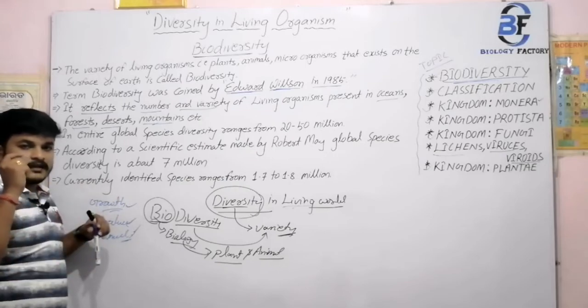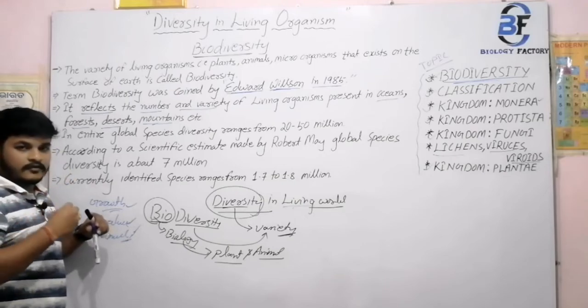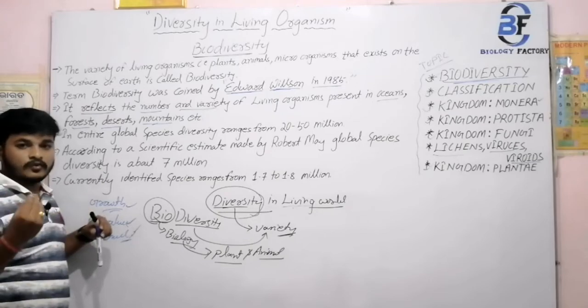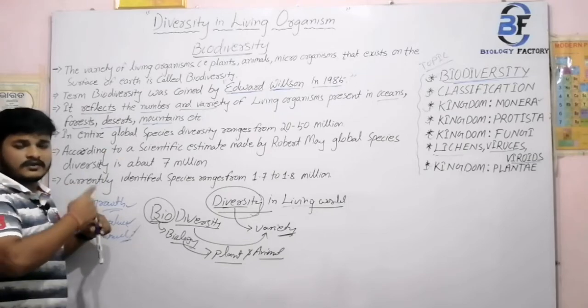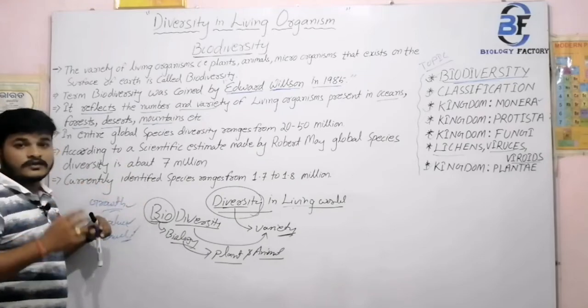Because there is cell division and growth, from childhood to adulthood, old age and death. In this total cycle, growth is there. But in the case of a mountain, growth is not there.